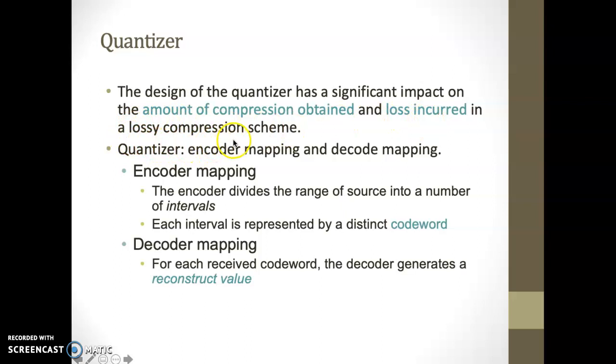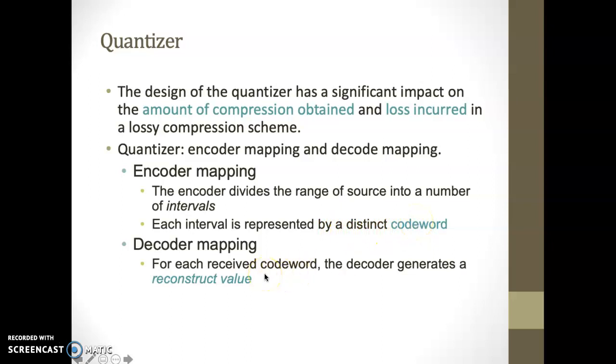In compression, you will have the quantizer, where the quantizer does the encoder mapping and the decoder mapping. The encoder will divide the range of the source into a number of intervals. Each interval is represented by a distinct code word.